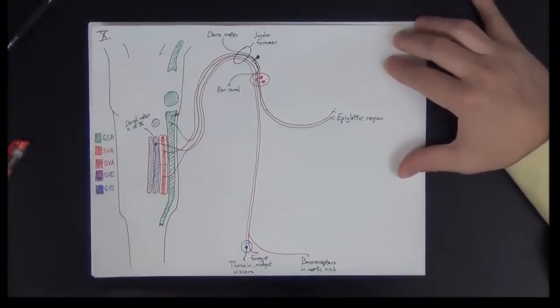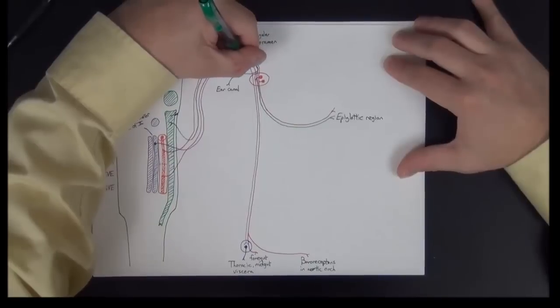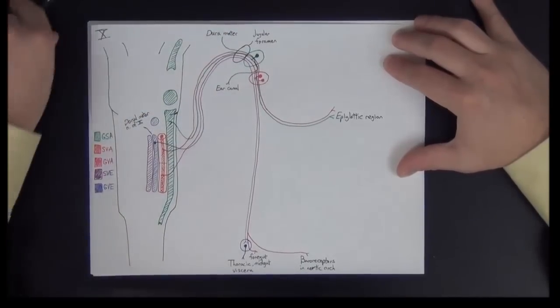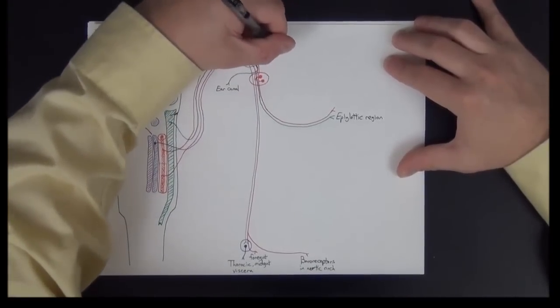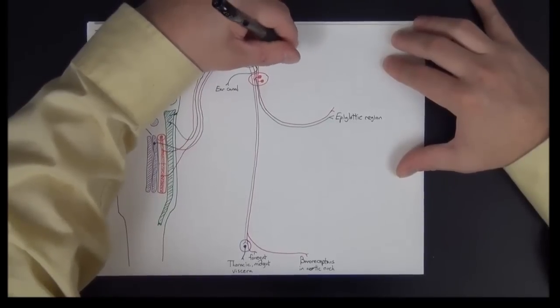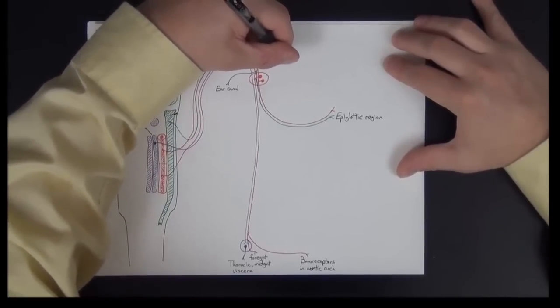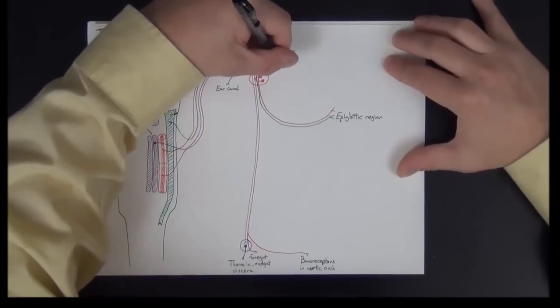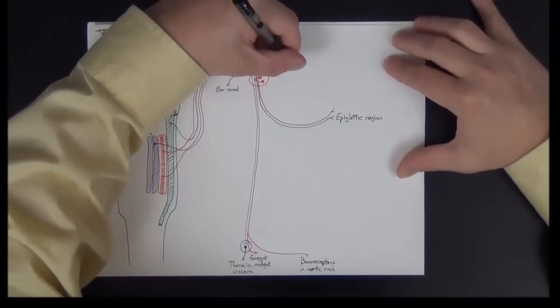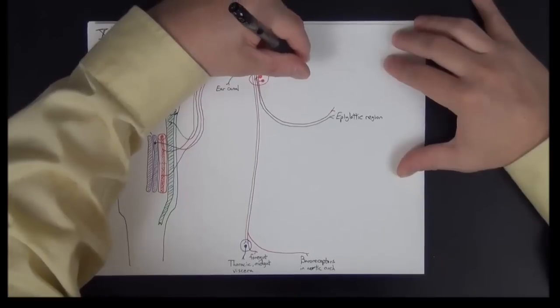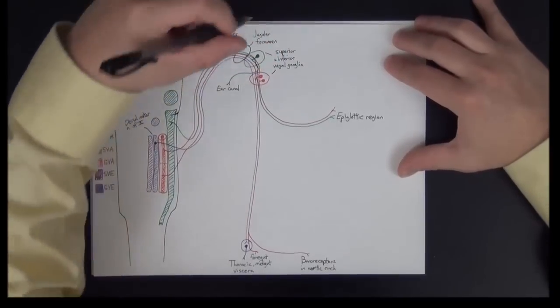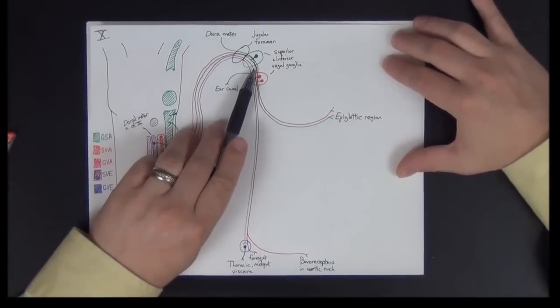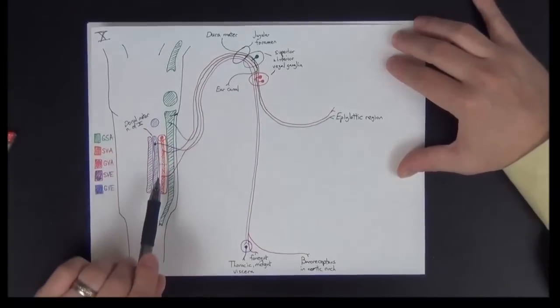these cell bodies clustered together just like we did in the glossopharyngeal nerve. And right here, we're going to have the superior and inferior vagal ganglia. And just like ganglia pretty much anywhere else, these guys contain sensory cell bodies related to these cranial nerves.